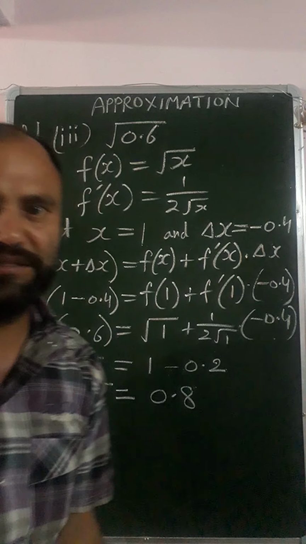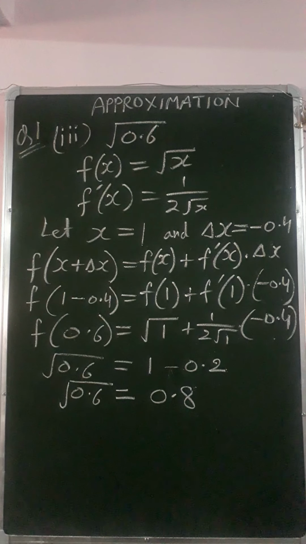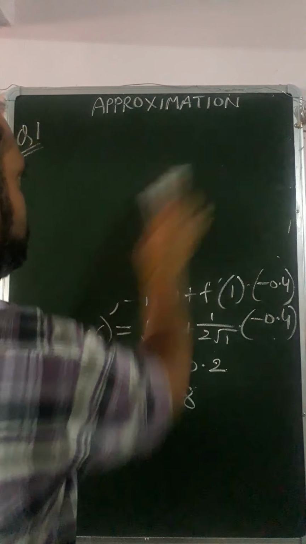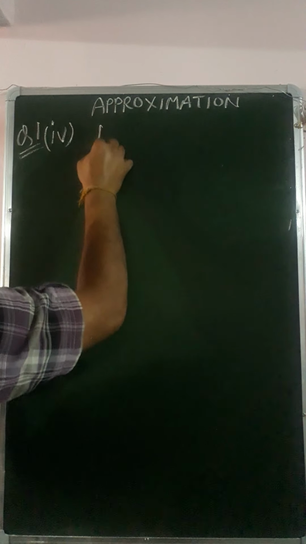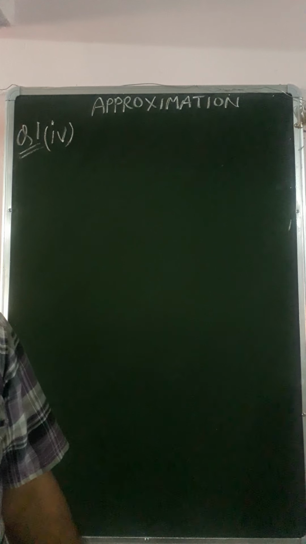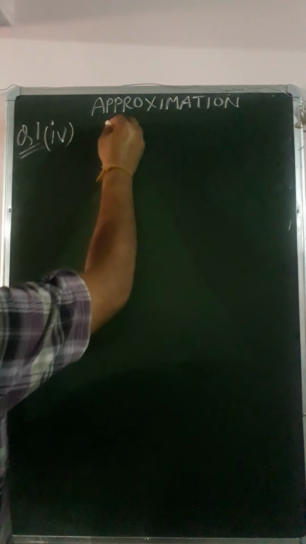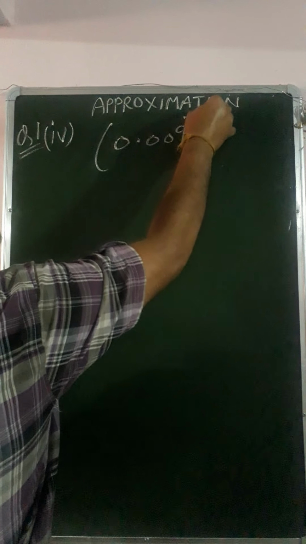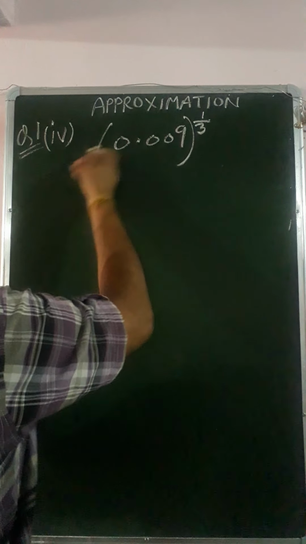Now, another question. I am taking another question, the same question, part number 4. So the question is, find the approximate value of 0.009 raised to the power 1 by 3.